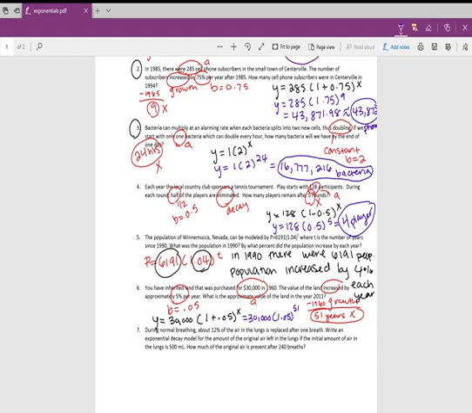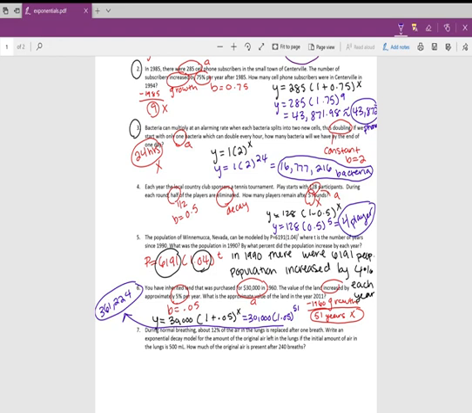Okay, so you should have got 361,224. We're just going to round up. So that's how much the property is worth 51 years later. So in 1960 they bought it for 30,000, and now in 2011 it's going to be worth $361,224. Okay, go ahead and work on number 7, last one.